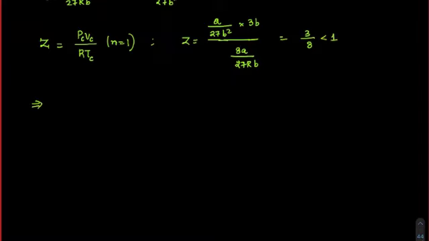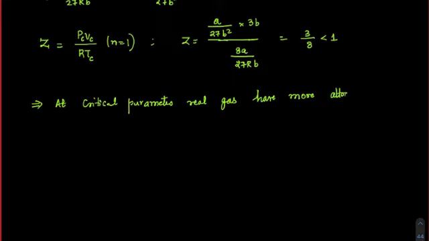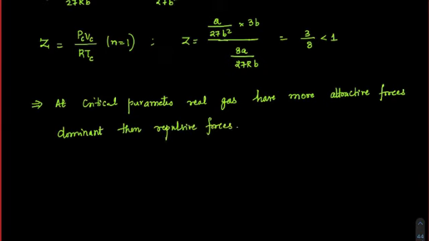That means at critical parameters, real gases have more attractive forces dominant than repulsive forces. This is a type of conclusion that has been asked in JEE, so I would suggest you remember that.